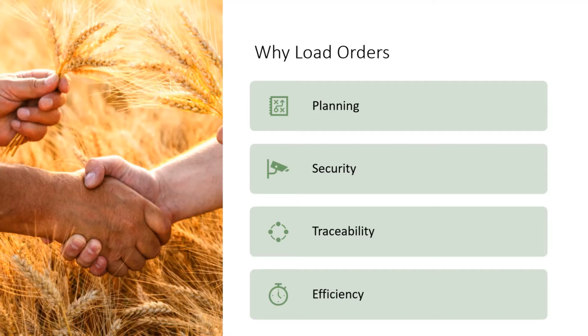Efficiency is the fourth benefit of a load order, and by efficiency I mean mostly it occurs at the scale ticket.